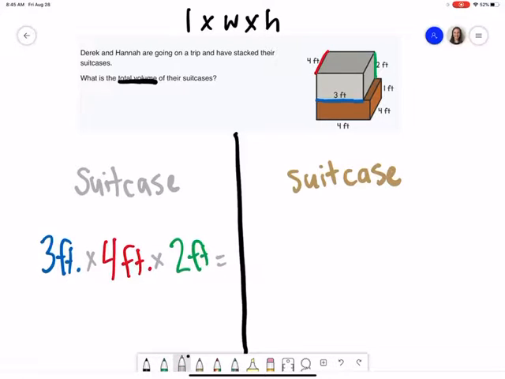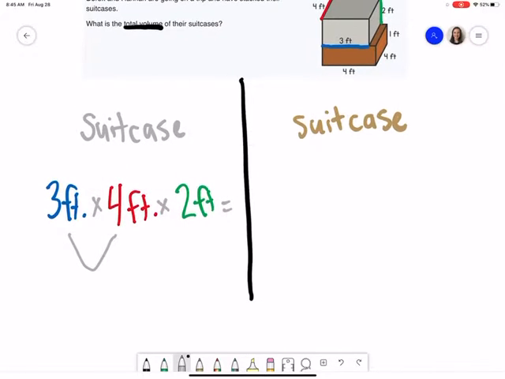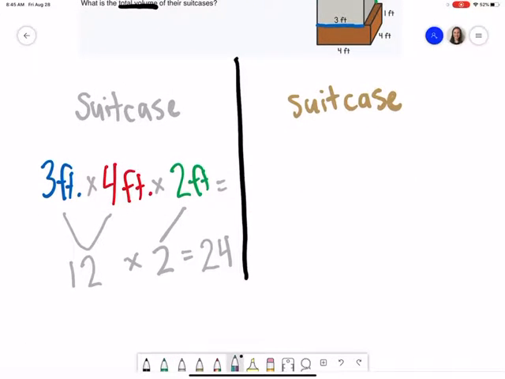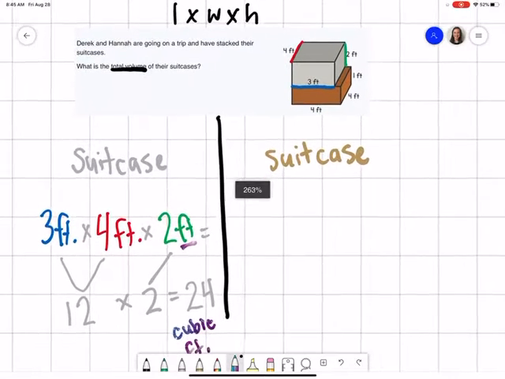All right, so let's do some math. 3 times 4 is 12, times 2 is 24. 24 what? We're measuring with what? Cubes, cubic. What's our unit? Feet. All right, and now we're going to go over here.